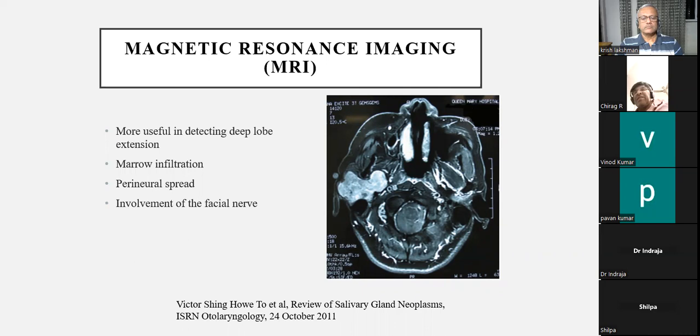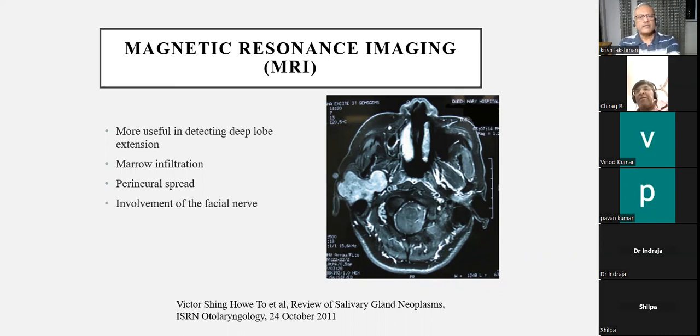If FNAC is equivocal, as she told about the Milan criteria, and you still feel that you need a preoperative diagnosis, then you can go for a true cut biopsy under guidance, and then decide based on the clinical findings, examination findings, cytology and ultrasound whether you need to get CT, MR, or both.